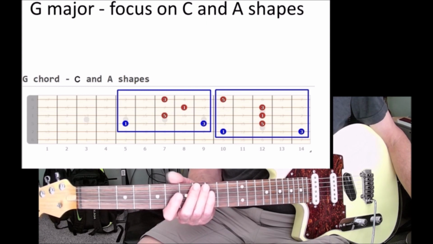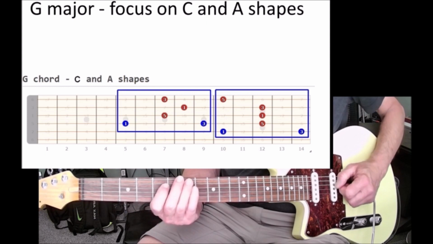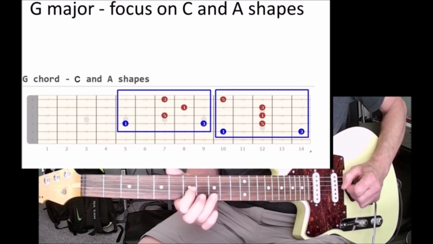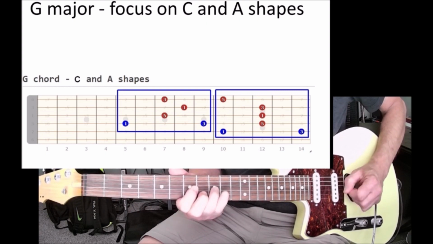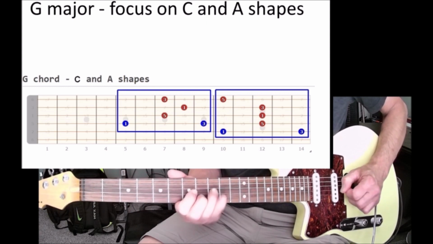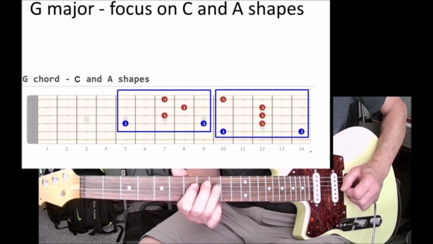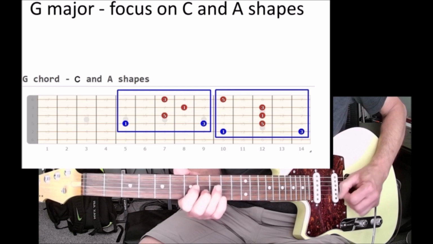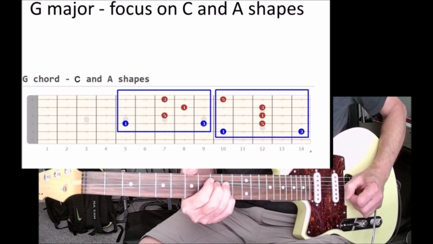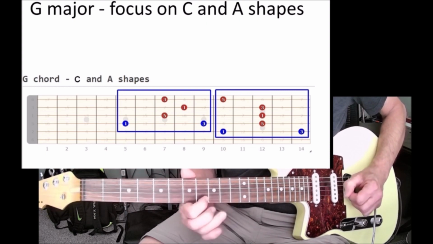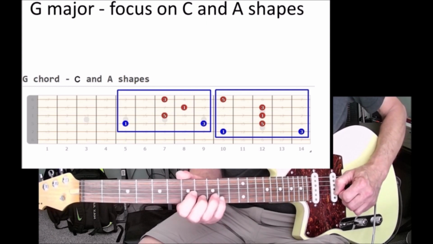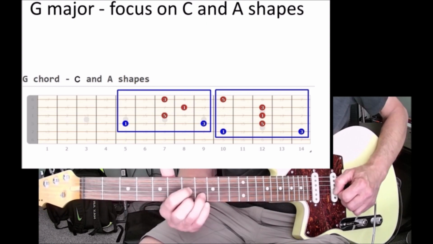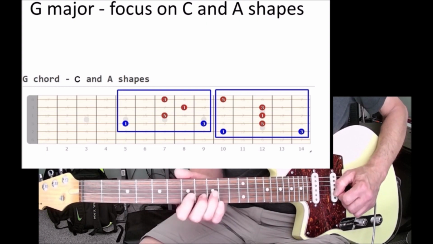I think I've already shown this a bit, where so here's the G. Here's a G. I think just these simple little licks, and I'm always keeping in mind that my anchor is this shape. It really is.